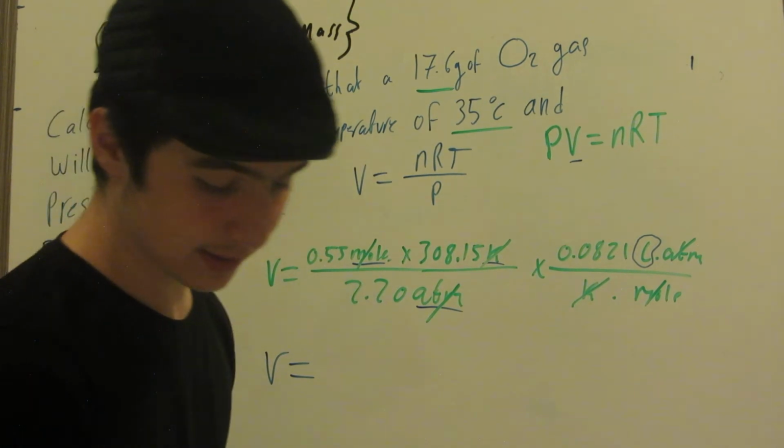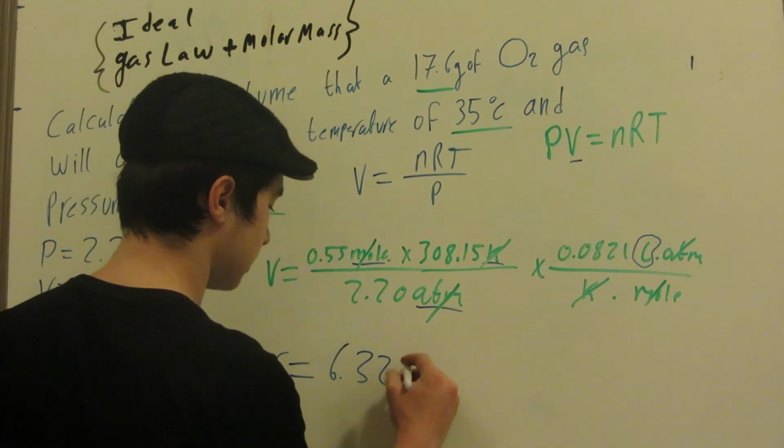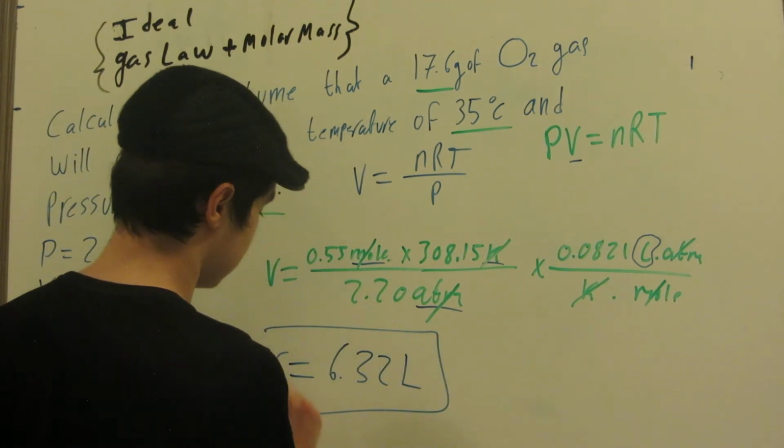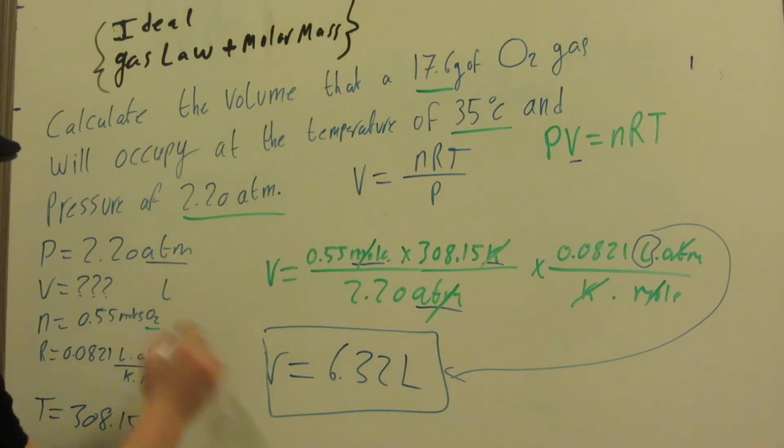The number that we got is simply 6.32 liters, because the unit right over here is liters, so we put it. So the unknown volume is going to be 6.32 liters.